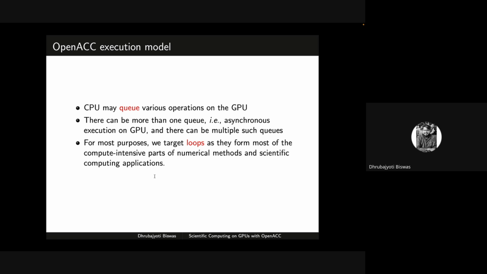And if you are doing something numerical like integration, solving ODEs, PDEs, everything needs loops. So we target loops most and see if we can parallelize them on the GPU so that we can get a bit of speed up.